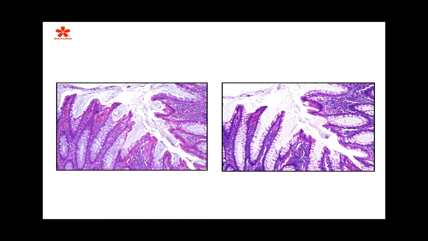The goblet cells produce mucin and spill it into the cavity of the colon or the GI tract. This acts somewhat as a lubricant so that food or waste can pass through. That is why you see this predominance of mucinous material within the tract of the colon.